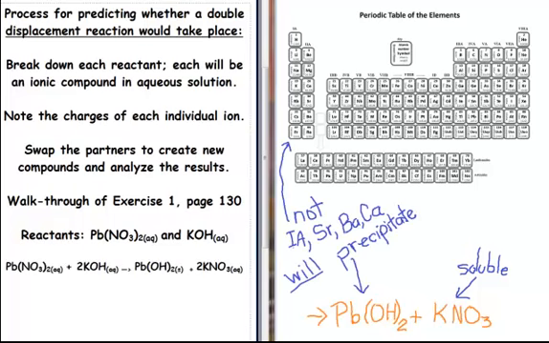Looking at the compound lead hydroxide, we see that the hydroxide is paired with lead. Since lead is not from column 1A and is not strontium, barium, or calcium, as identified in the soluble column in Table 1A, that means that lead hydroxide will precipitate, and this double displacement reaction will successfully take place. And here we have that balanced reaction.